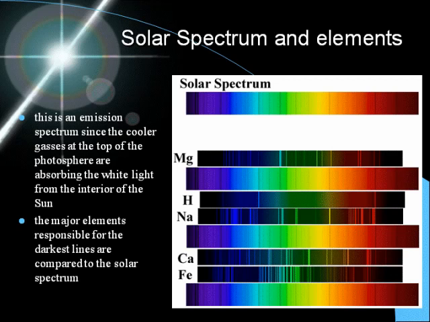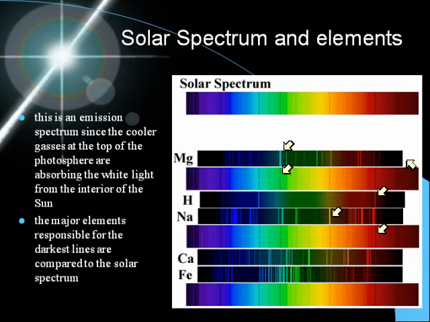Again, scientists are able to match some of the magnesium spectrum to the solar spectrum. Here you have an intense blue line right there. Then we can see the corresponding absorption line in the solar spectrum. Here you have hydrogen. Here's the hydrogen alpha line. And you can see that hydrogen alpha line down here.